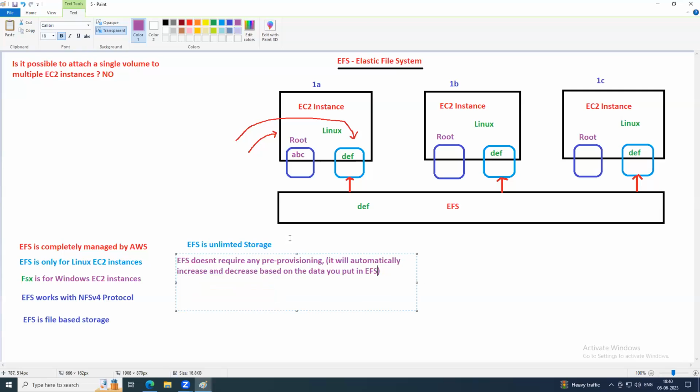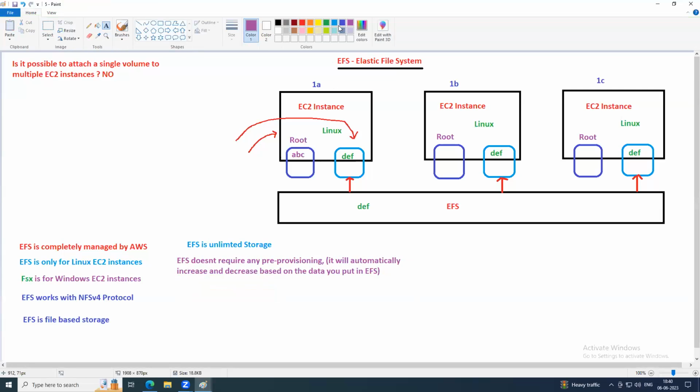Nice. Okay. Another certification question on EFS. EFS can be mounted to multiple EC2 instances across availability zones. Yes or no? You have to be very confident. Yes or no? Yes. Very good. Because do you see that? I have put the diagram.